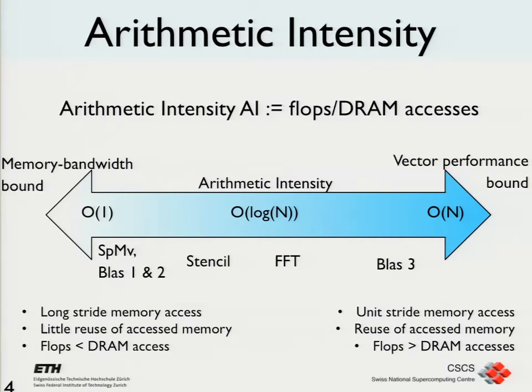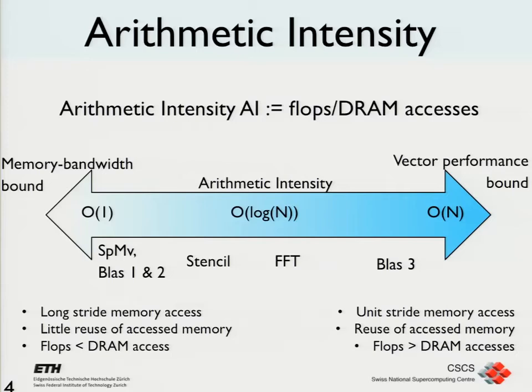If your arithmetic intensity is very small, so for example, you have a sparse matrix vector multiply, or a code that's based on BLAS 1 and 2, you will have a memory bandwidth bound problem. So this means that the limiting factor of your code will be the memory bandwidth of your cluster.